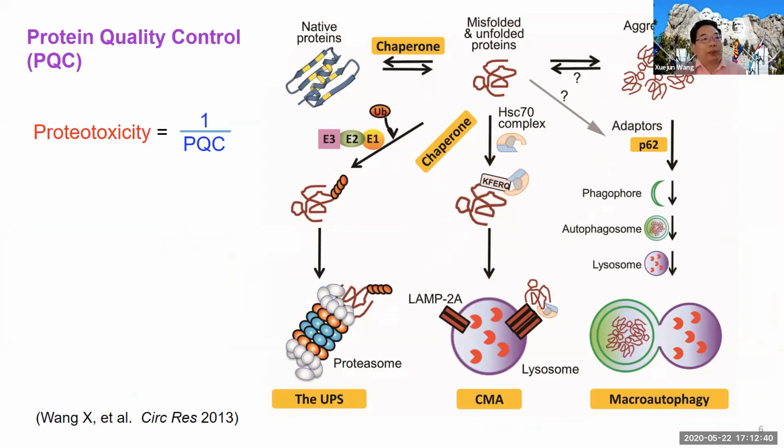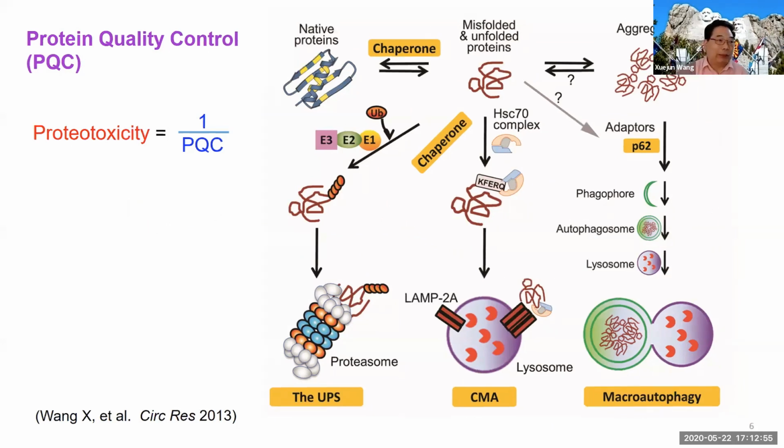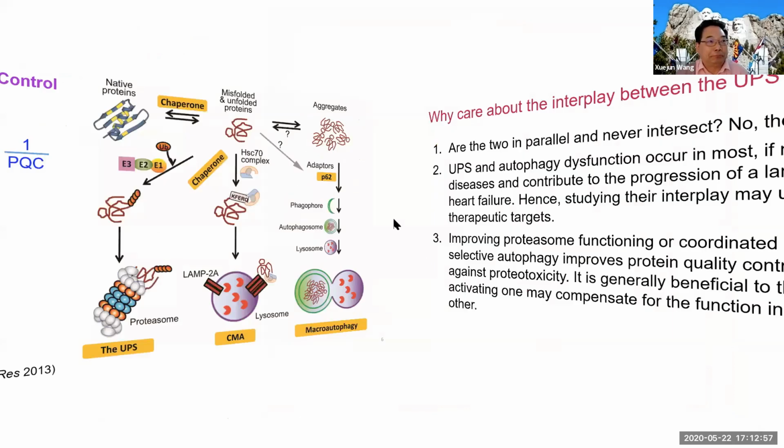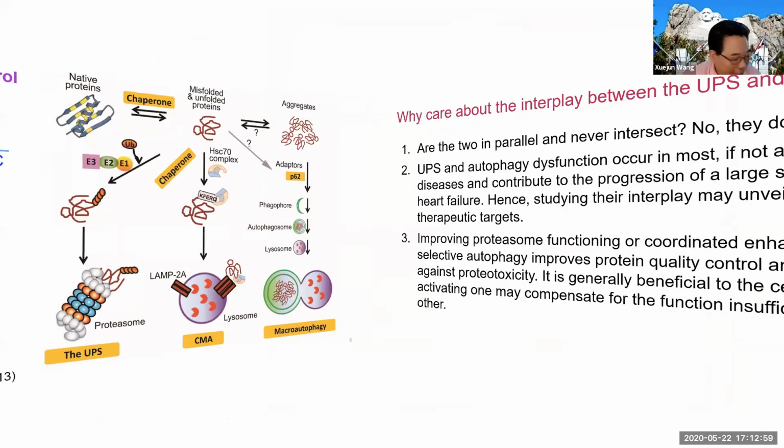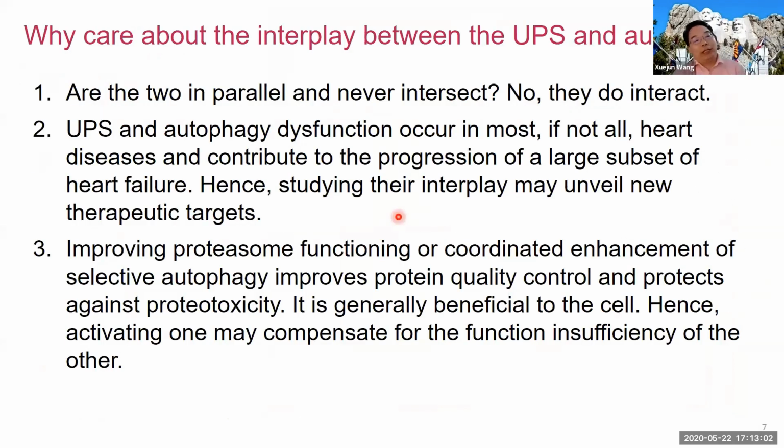And of course, protein aggregates can be degraded by macroautophagy. As shown here, these seem to be in parallel or in series, but in fact there is emerging evidence that the two major catabolic pathways, UPS and autophagy, do intersect or interact. That will be the topic today.